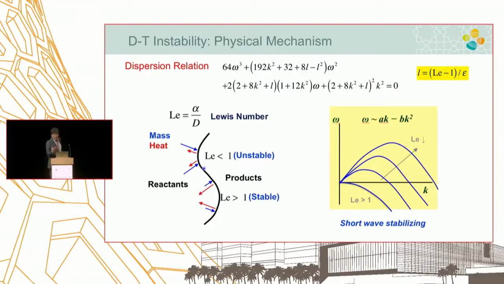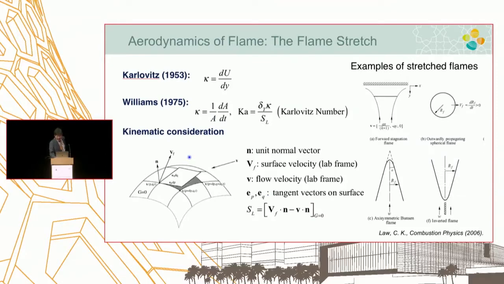If the Lewis number was 1, those two effects offset each other, with no effect. But if the Lewis number is less than 1, then mass wins, so this flame front gets sped up faster, and therefore the instability grows. So it's a simple heuristic mechanism. So those are the two aspects.